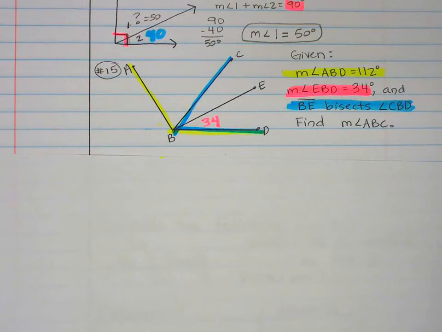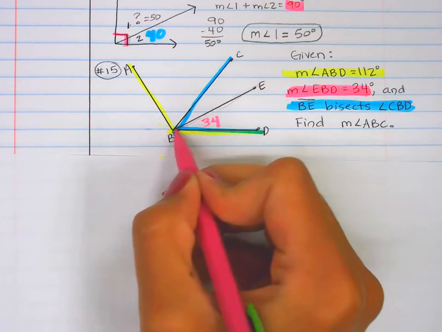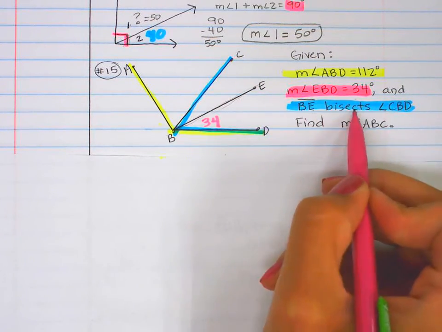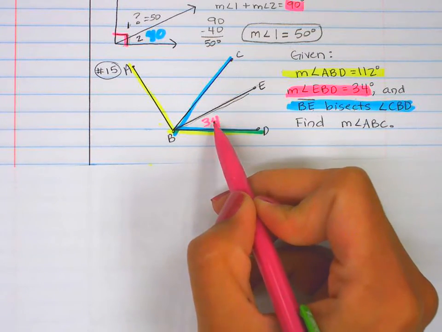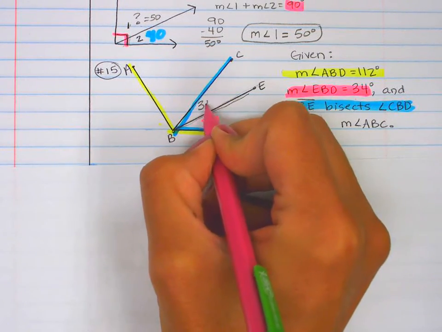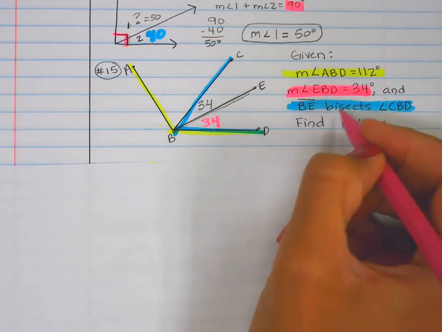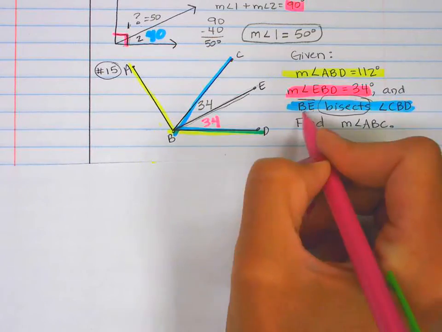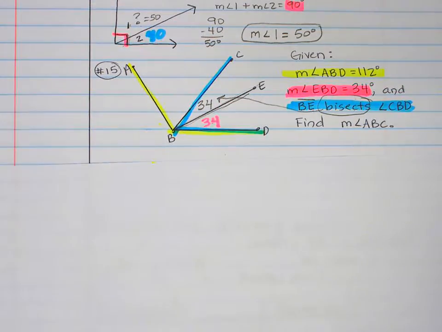Use some logic to think, what does that tell you? So this is bisected by this segment. BE bisects this angle. This cuts the angle in half. If this is 34, this is also 34. I only know that because of that keyword, bisects. So that tells me, oh, that one's also 34.